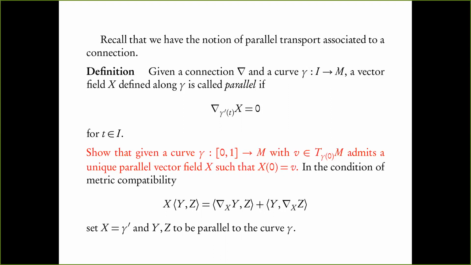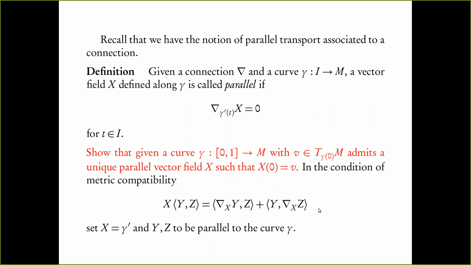This is a tangent vector at gamma t, but it has this property that if you take the dot product of Zt with gamma prime t, this is a constant. You're getting d by dt of gamma prime t with Zt, and that's 0 because the right hand side became 0.